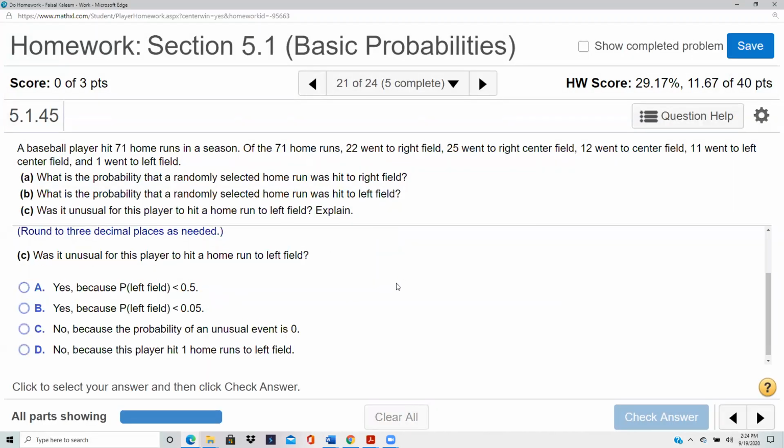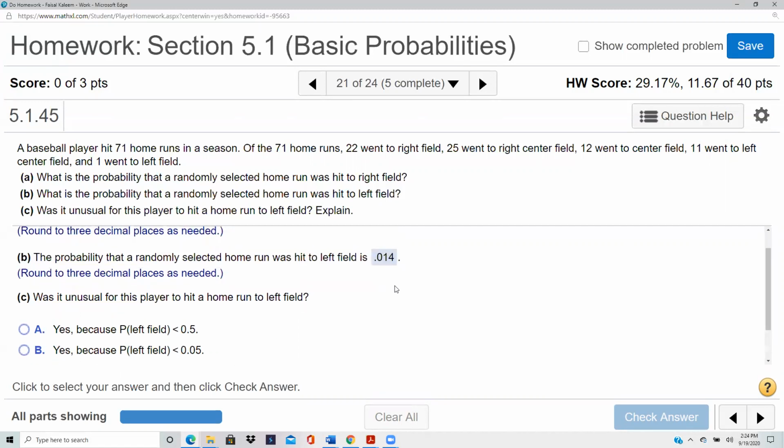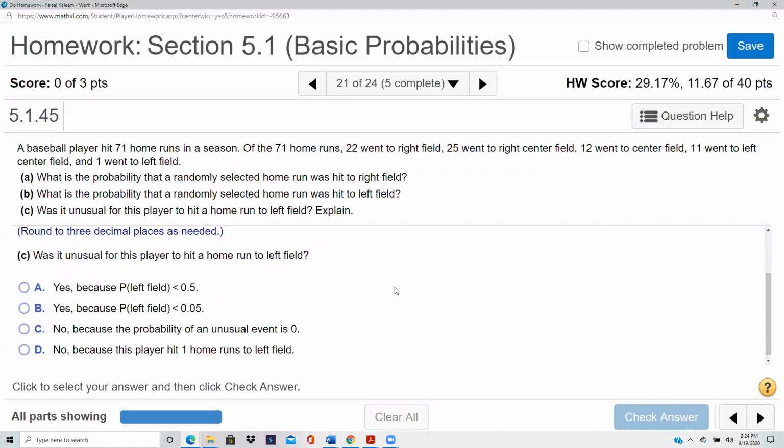Was it unusual for this player to hit a home run to the left field? Now, our convention in this course will be that if the probability of something is less than 5%, then it's unusual. Otherwise, it's not unusual.